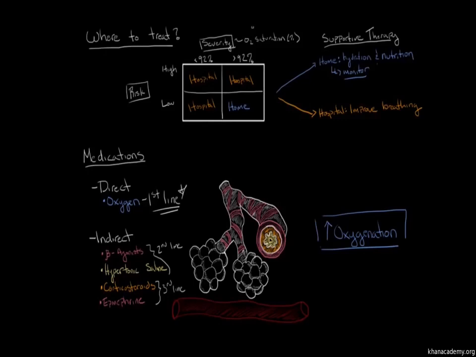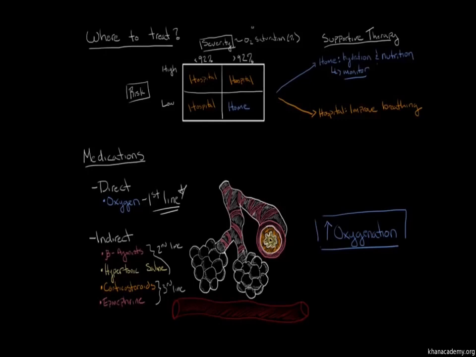It is very important to detect the severity of the condition. This depends on pulse oximetry to measure the oxygen saturation in room air, and you detect the risk factors from the start. If there is a high risk factor and the oxygen saturation in room air is 92%, this is hospital admission.